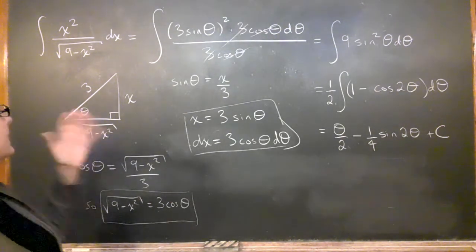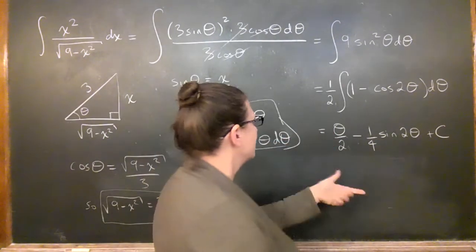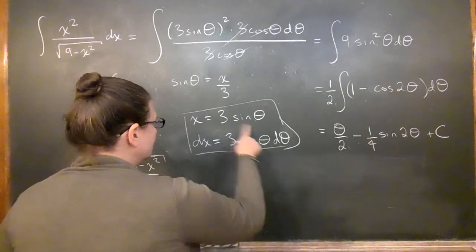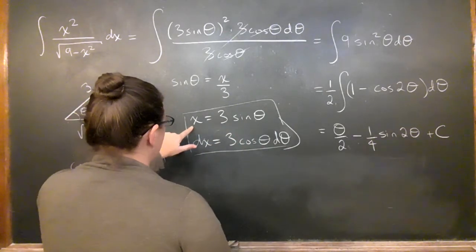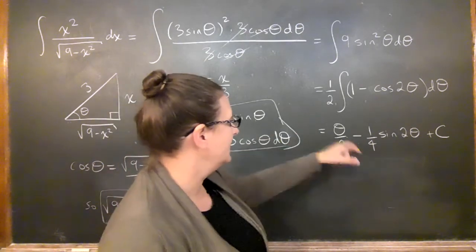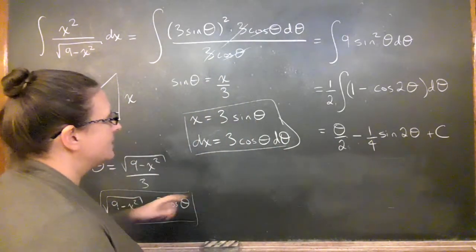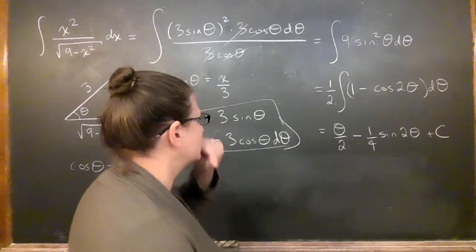But I need my answer to be in x, and my answer is in theta. So I have to go back to my guys here and figure out how to put this into x. So the first one, again, okay, we have theta, we don't have sine theta.